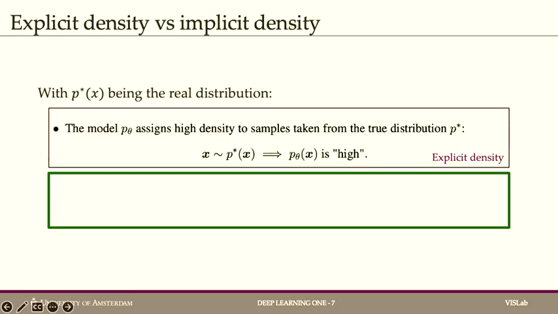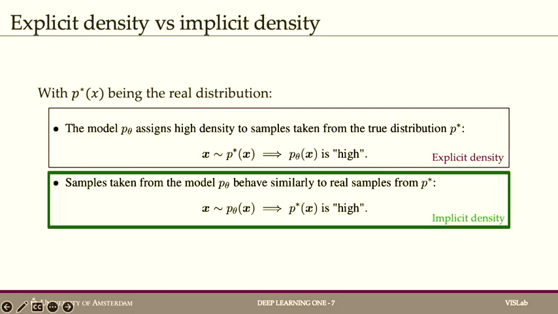That was essentially what we did. Today it will be: if samples are taken from the model P theta, they should behave similarly to real samples. So if we sample from our now implicit density model, then the probability under the real distribution should be high. This is essentially the difference between explicit density and implicit density models.